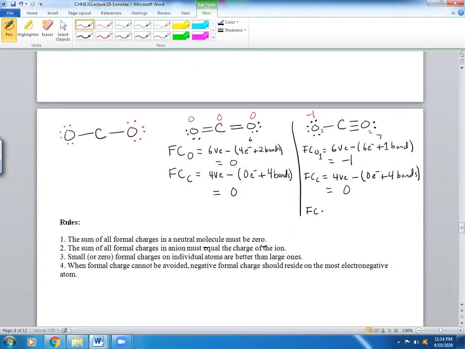Let's do oxygen 2, this oxygen. Oxygen, how many valence does it have? 6 minus any electrons in the lone pairs. Yeah, we have 2.